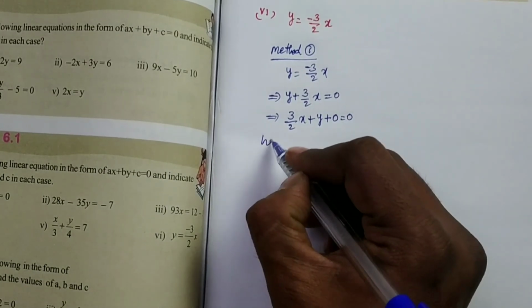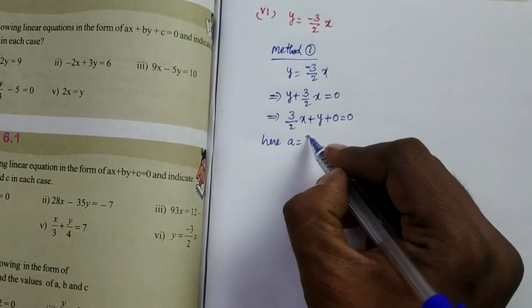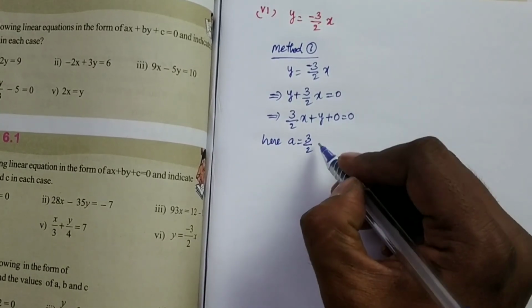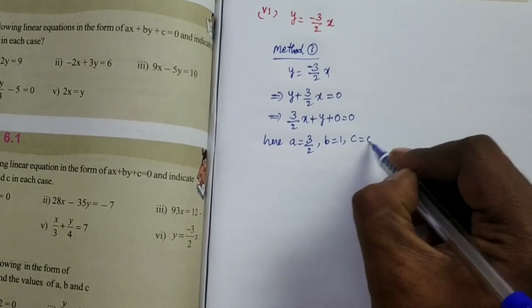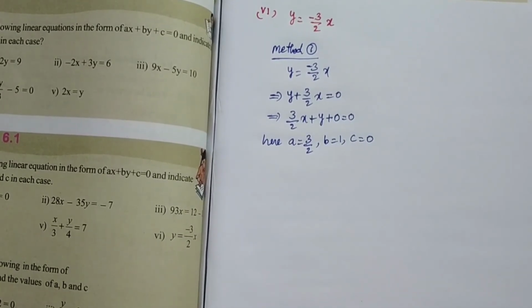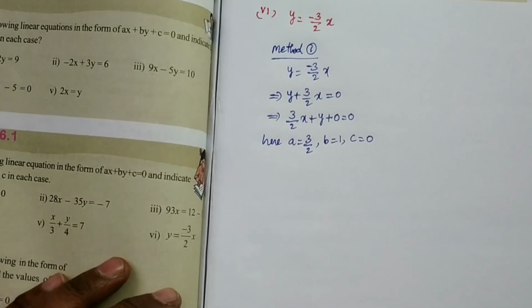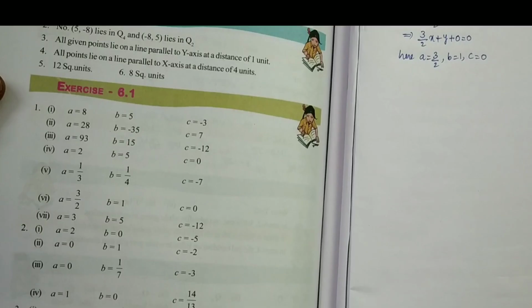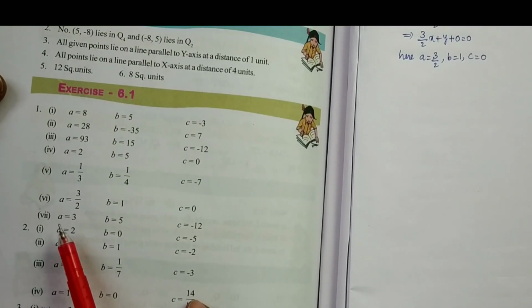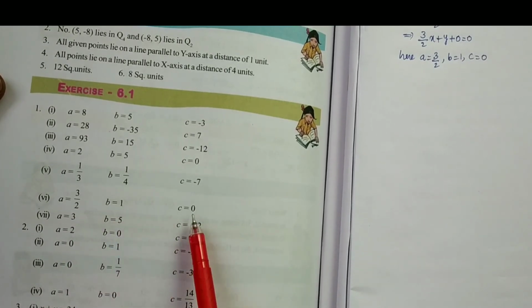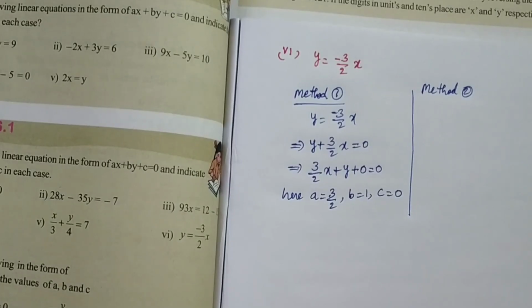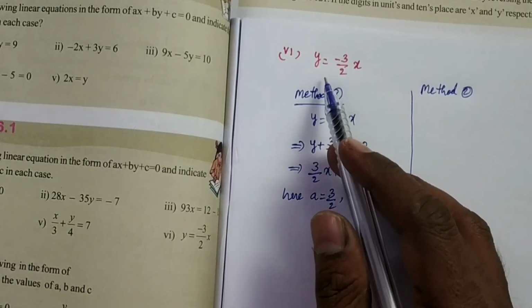So here a is equal to 3 by 2, b is equal to 1, c is equal to 0. This is method 1 according to the textbook solution. Once you check it, a is equal to 3 by 2, b is equal to 1, c is equal to 0. For this one we can do it in another method also.